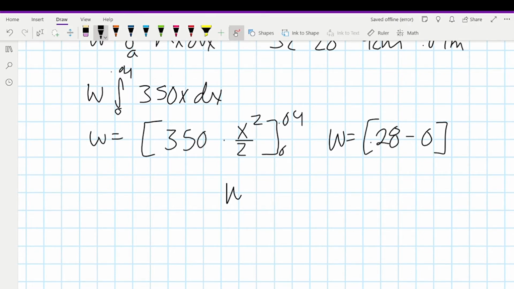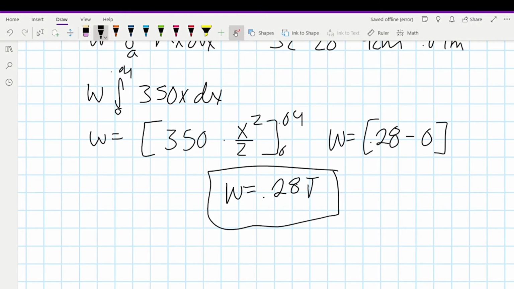So work is equal to 0.28 joules, and that is your final answer.